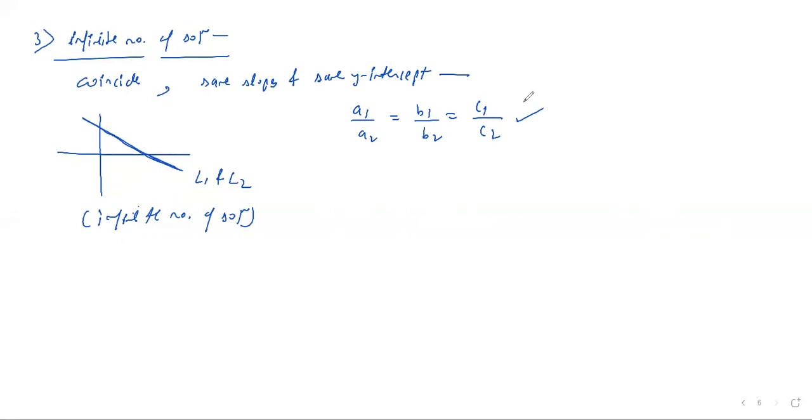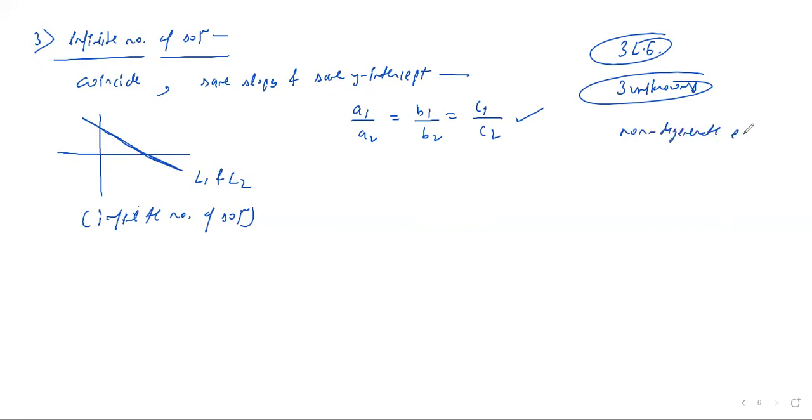What are the possible cases when we have three linear equations in three unknowns? Let's consider any three equations, and we are taking non-degenerate linear equations, a point to be noted, in three unknowns.